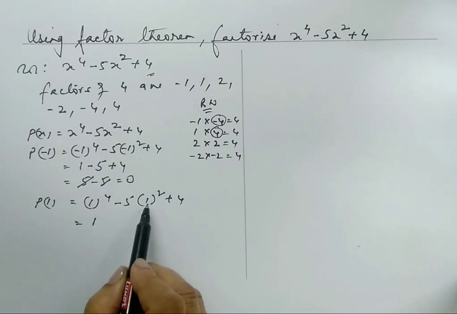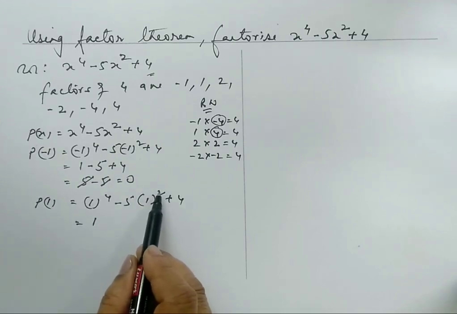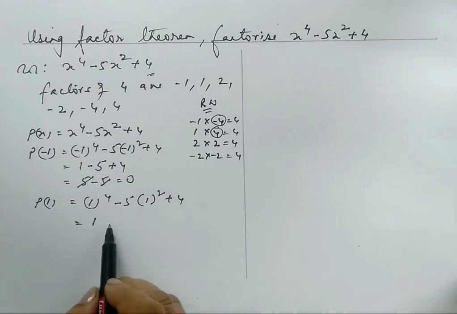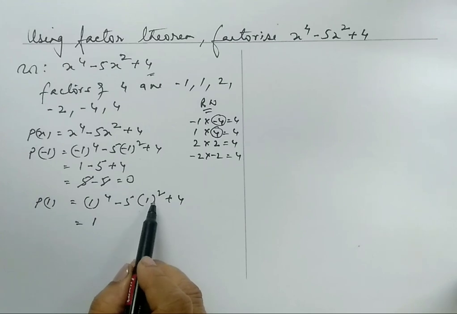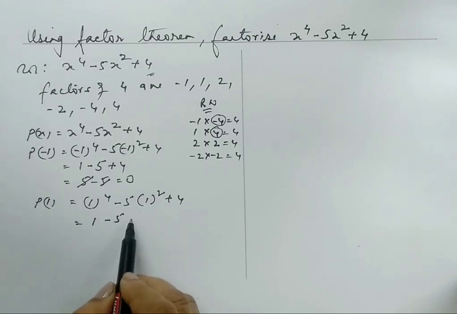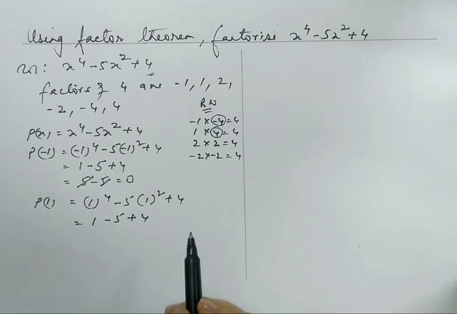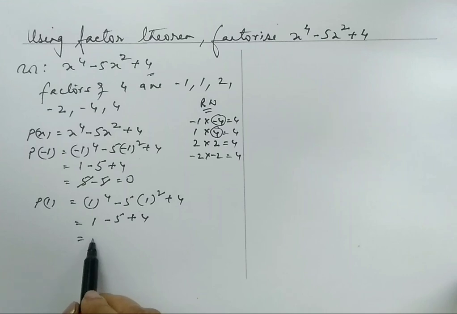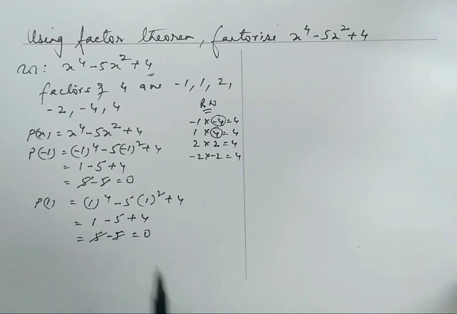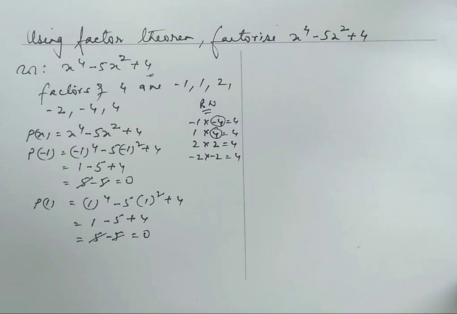This is an even power, okay. So we have 1 into 1 is positive 1. So minus 5 plus 4. Alright guys. So this is also same as that. 5 minus 5, they get cancelled. This is equal to 0.